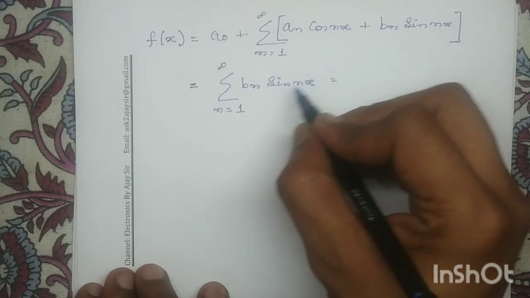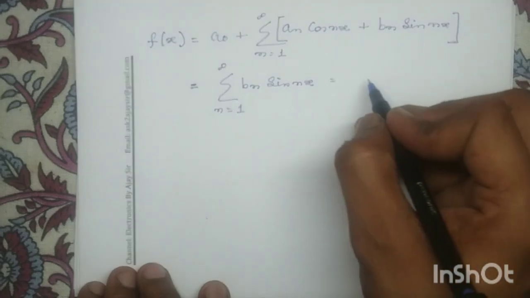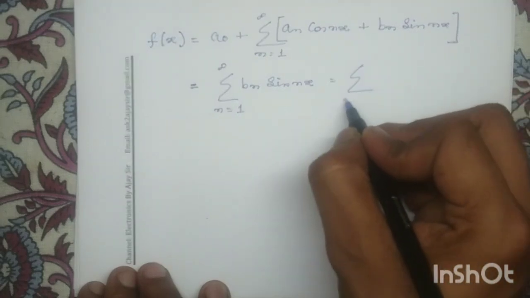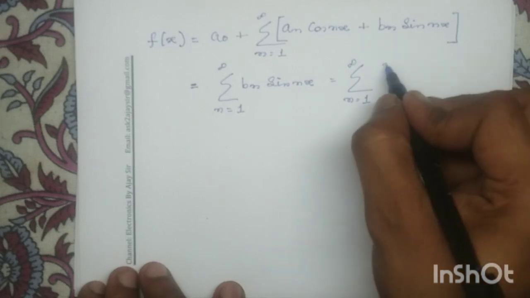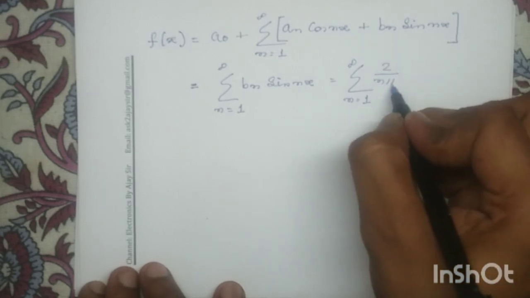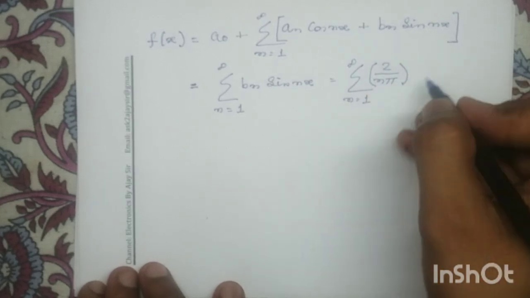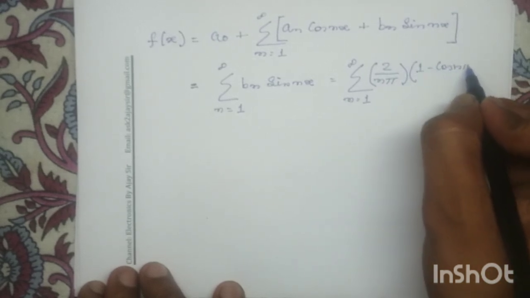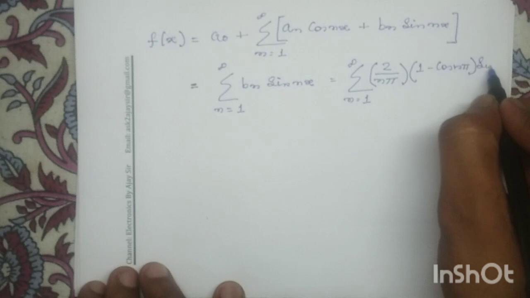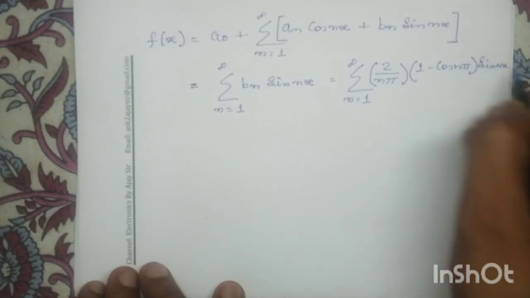On substitution of the expression for b of n, we will get the expression 2 by n pi, 1 minus cos n pi into sine nx.